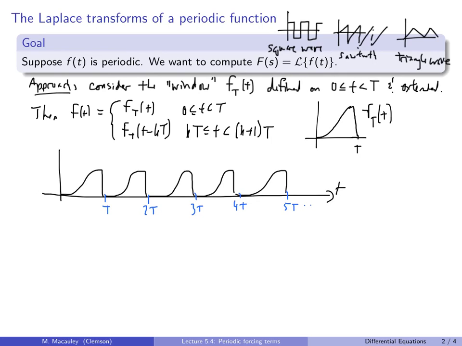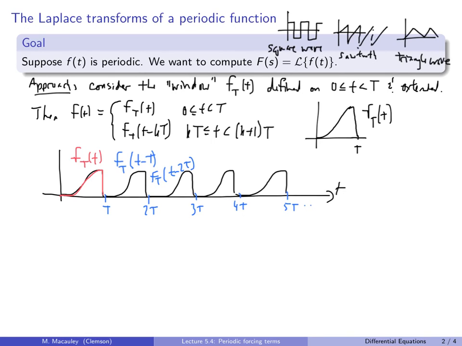And this little piece right here, let's actually do this in red. This little piece is the window, f sub T of little t. Now this thing here is this thing shifted by T. So I'm going to write this as f sub T of t minus T. This thing here is this thing shifted by 2T, so this is f sub T of t minus 2T.